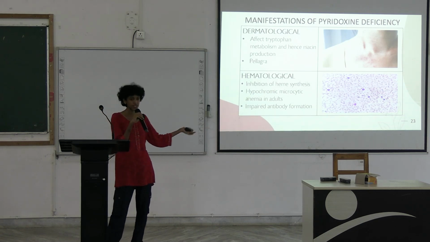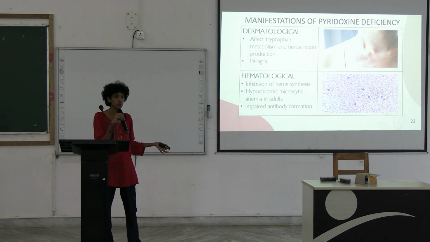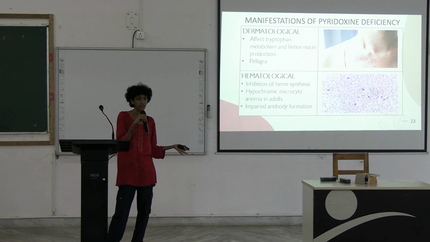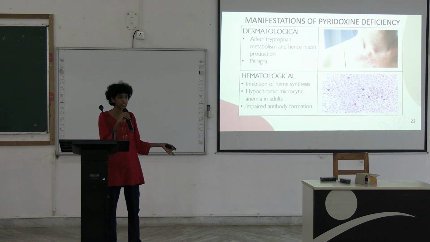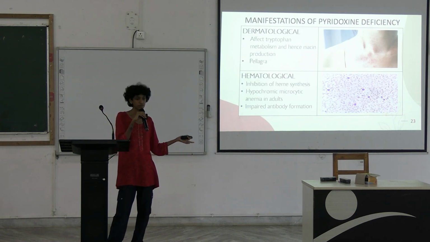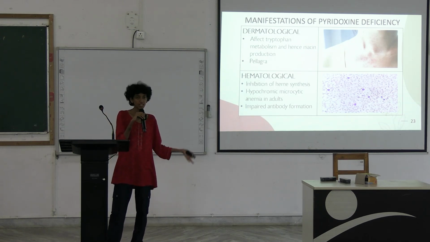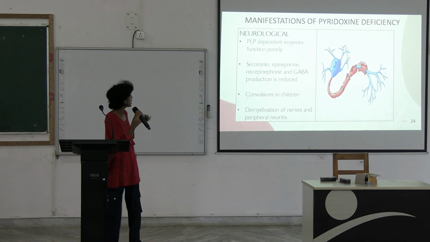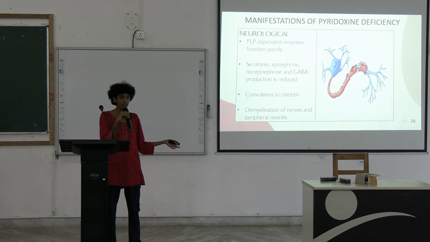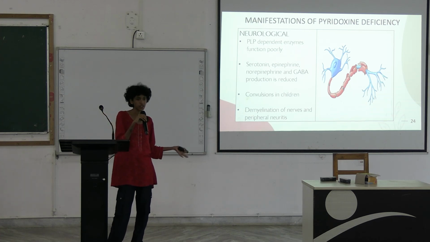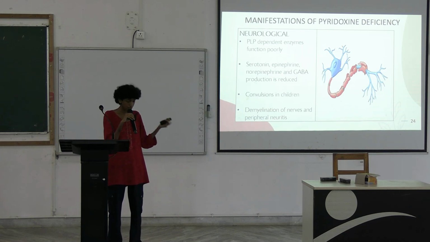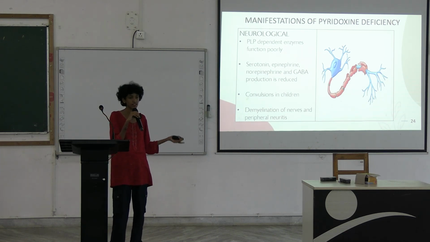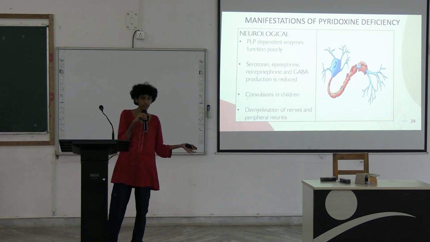And then you have the manifestation of pyridoxine deficiency, which can include dermatitis, and then reduced heme synthesis, because reduced heme synthesis can lead to anemia, and neurological disorder like peripheral neuritis, where there can be demyelination, as vitamin B6 helps in the production of GABA and serotonin and dopamine.